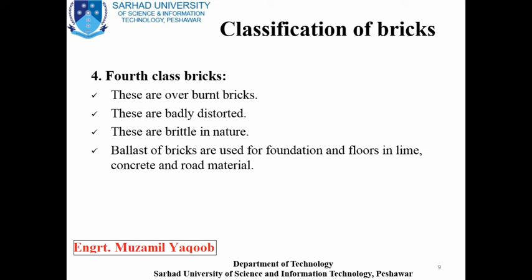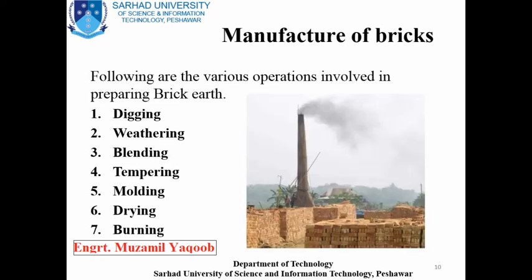They are crushed and used as aggregate in manufacturing. For example, in roads we use brick ballast, which is another type of fourth class brick, for leveling. So these are the requirements and construction uses of fourth class bricks.